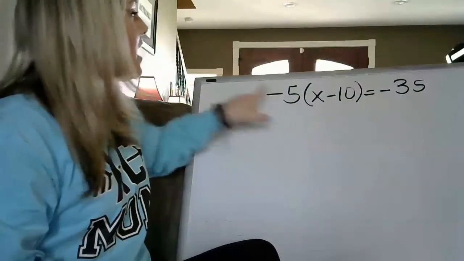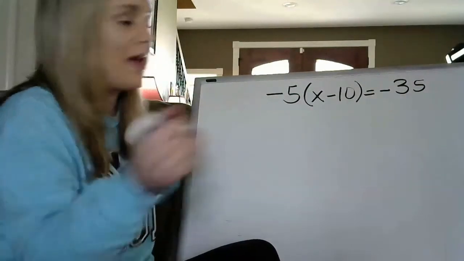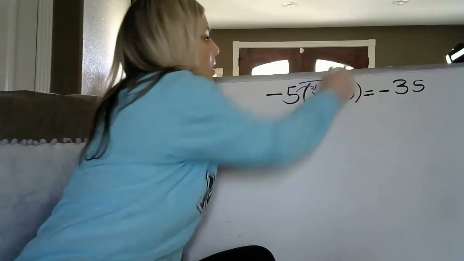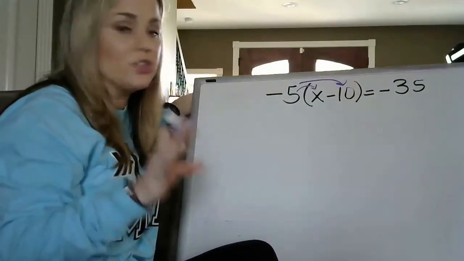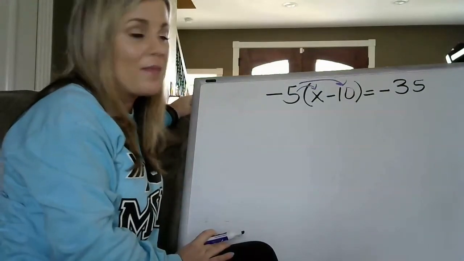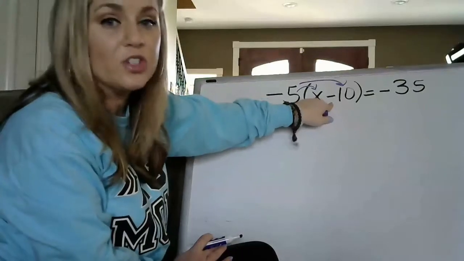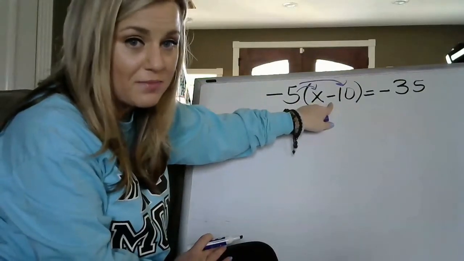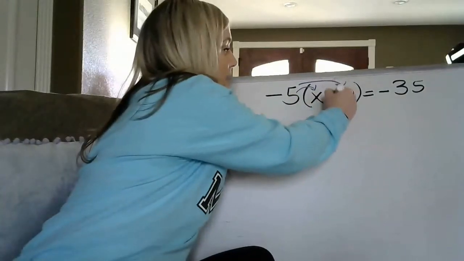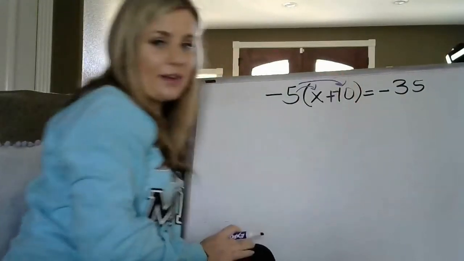All right, so I'm going to distribute negative 5 to everything in the parentheses. Now, we know from our integer rules, when you're subtracting integers, you can change the subtraction to addition, but you have to change the sign of the next number. So it's basically plus negative 10, right?